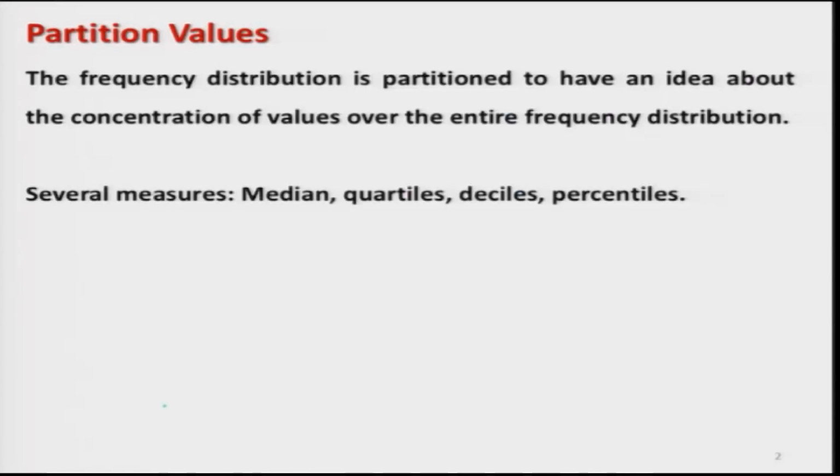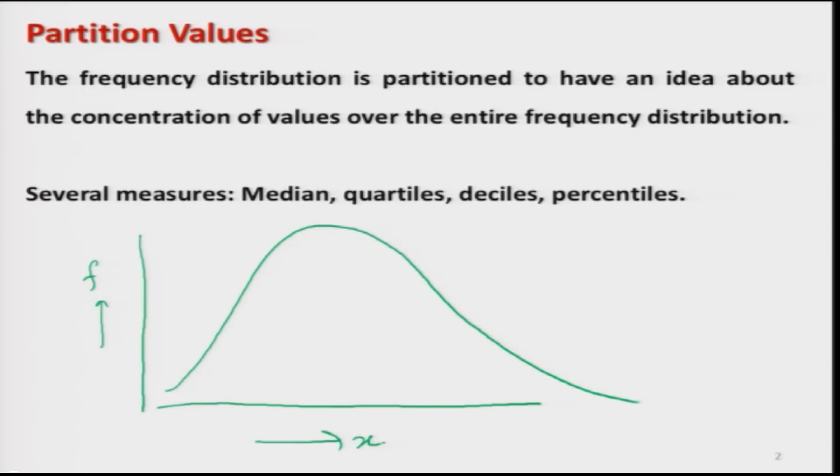If I create a frequency distribution, on the x axis we have values, say class width or the x values, and on the y axis we have frequency values, and suppose we have got a frequency distribution like this one.